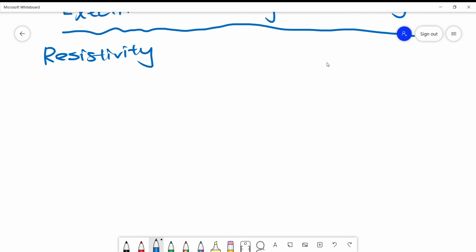Before entering the resistivity, we're going to talk about the definition of Ohm's law.